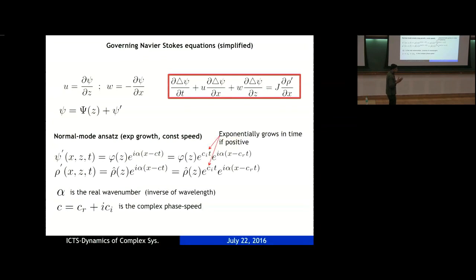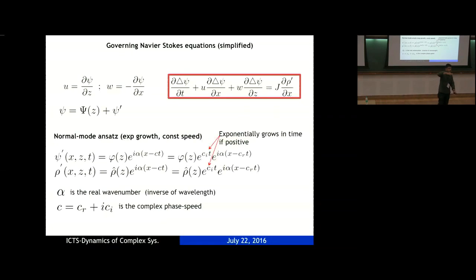So what is a normal mode? A normal mode physically will mean that, I have a mean flow, I have a base flow. I add perturbations to the flow. What happens next? I'm looking for normal mode type instabilities, I'm looking for perturbations that do not deform.